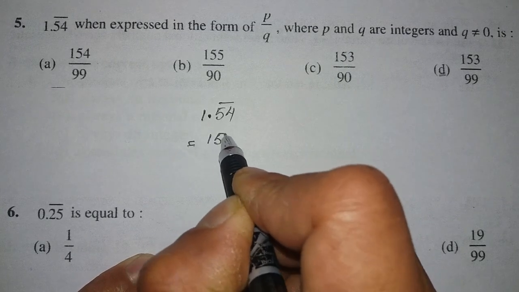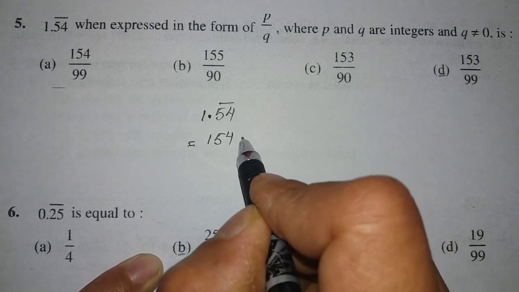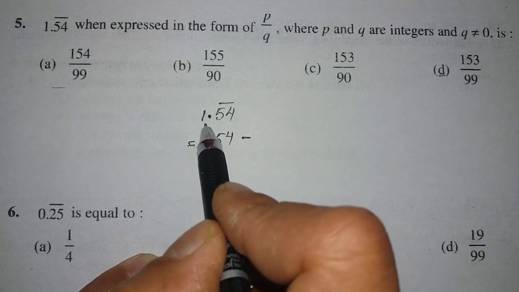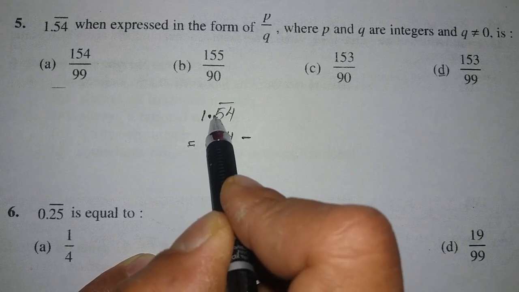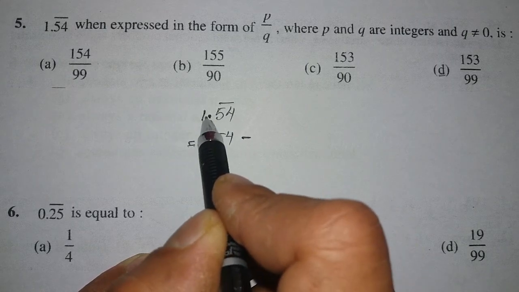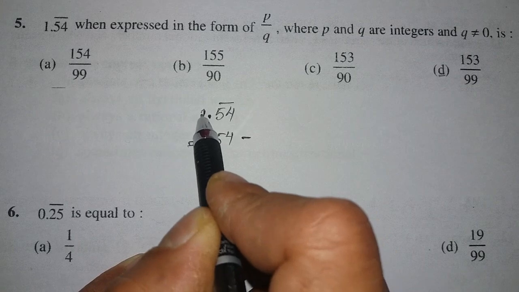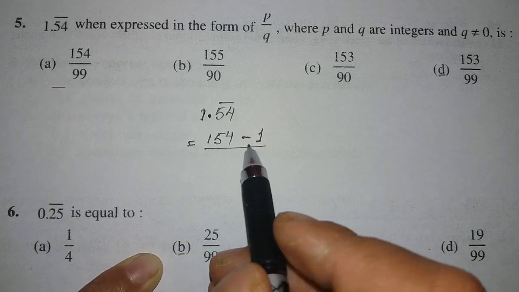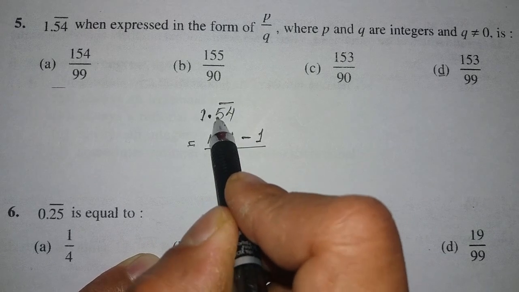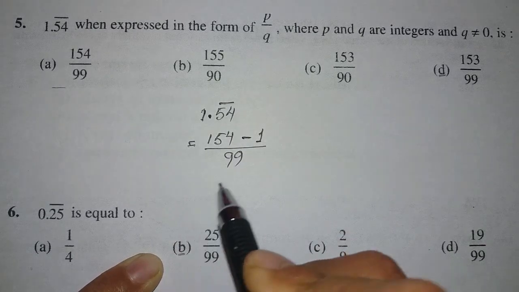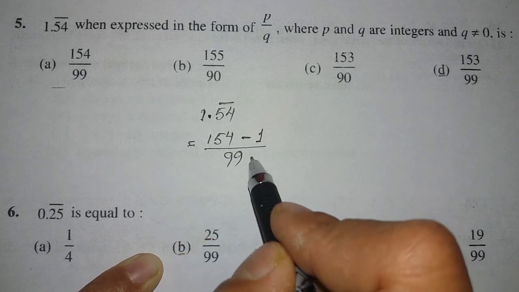So just write here 154 minus. Now what you're going to write here is the digit which is not under the bar. So under the bar is 54, so without bar is 1. So you're going to write here 1 divided by, now under the bar there are 2 digits, so we're going to write 2 nines here. If there are 3 digits, you will write 3 nines.